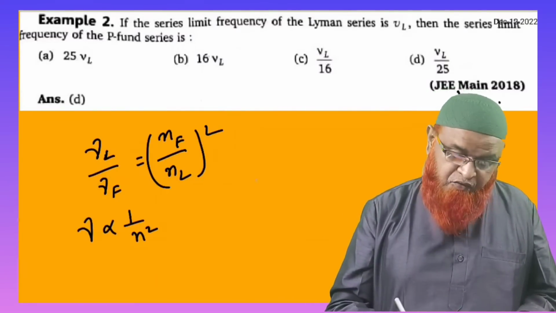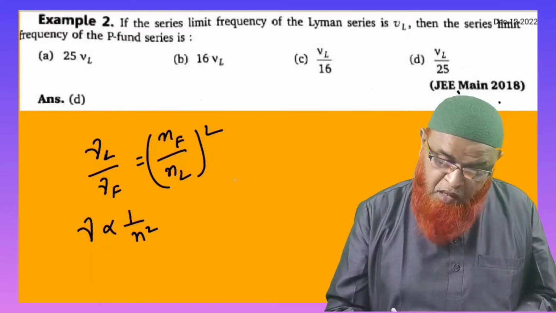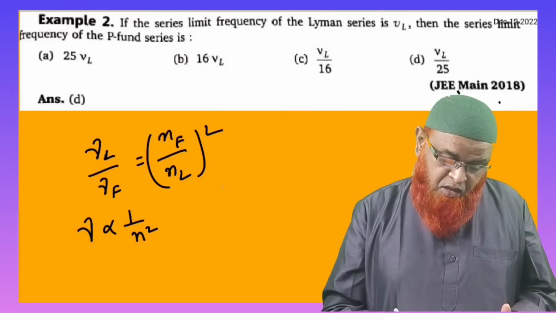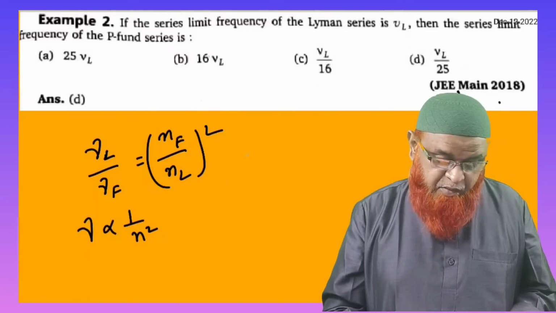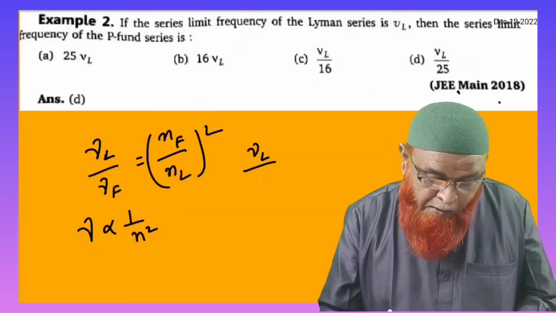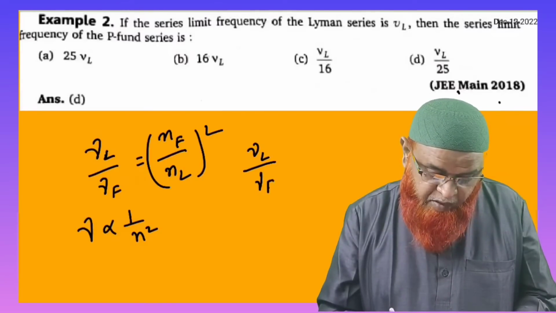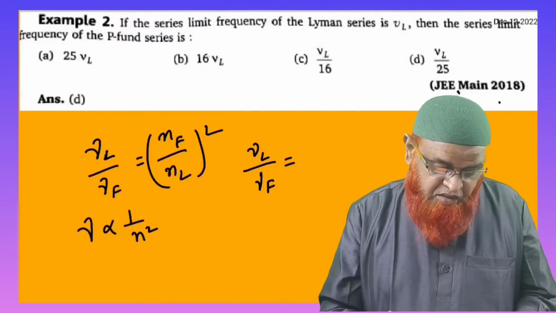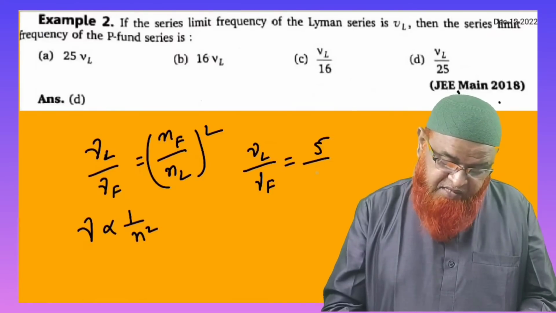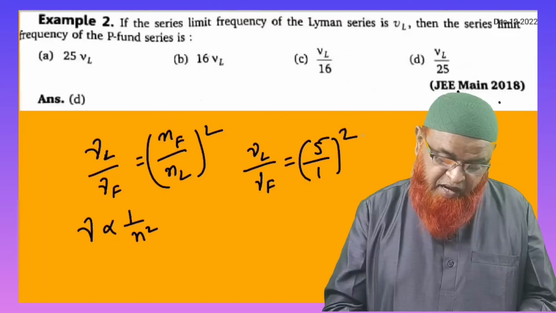Okay. So anyhow, he's asking us to find out the frequency of Pfund series. So frequency of Lyman series by frequency of Pfund series is equal to, the Pfund series is nothing but 5, and the Lyman series is taken as 1 here, whole square you can write.